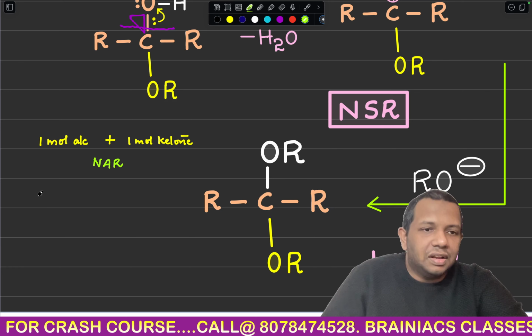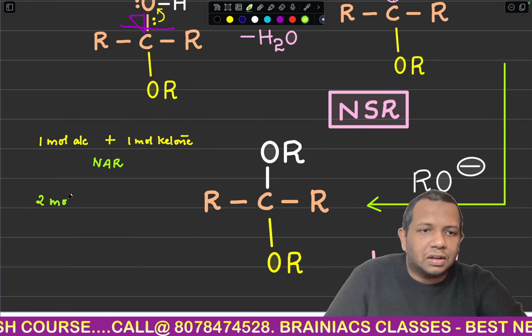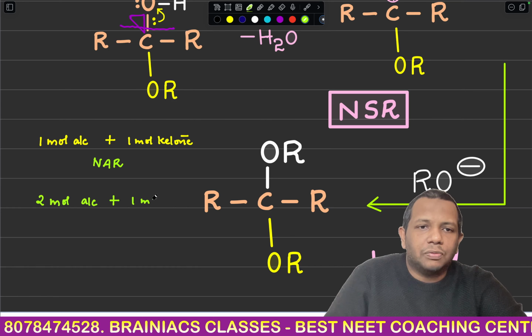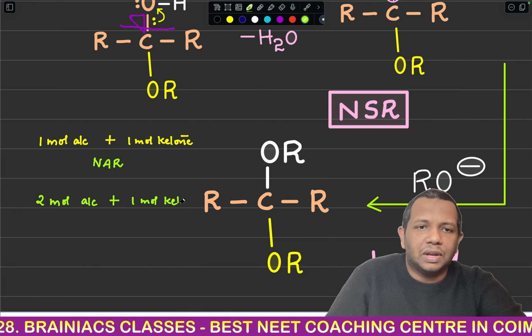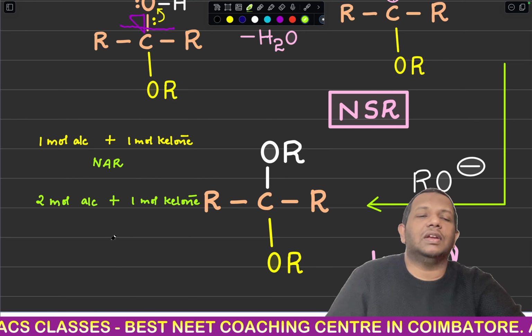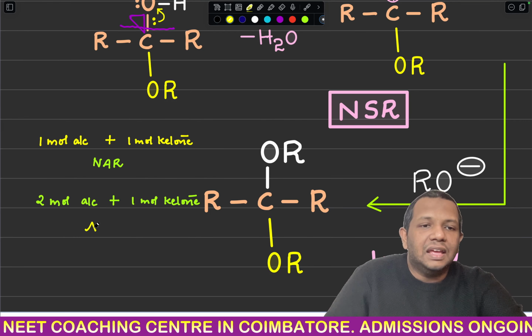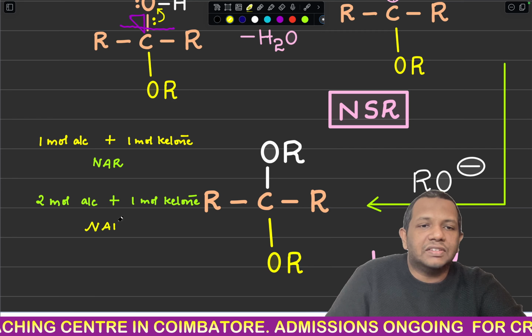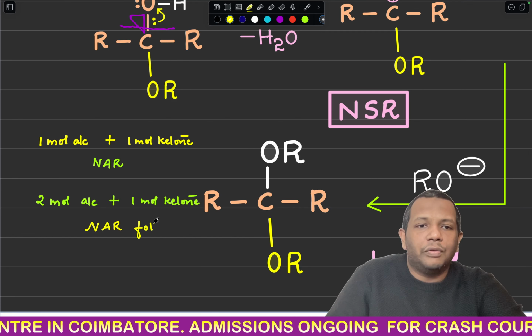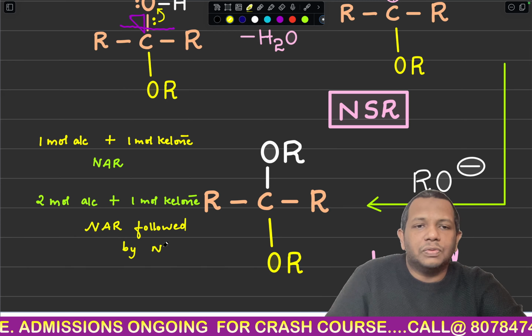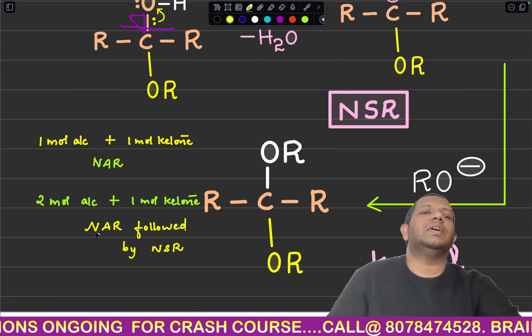But whenever you are taking 2 moles of alcohol or excess of alcohol with 1 mole of aldehyde or ketone, anything you can take, then the mechanism followed would be, I can easily say, first nucleophilic addition reaction followed by nucleophilic substitution reaction. This is very important.